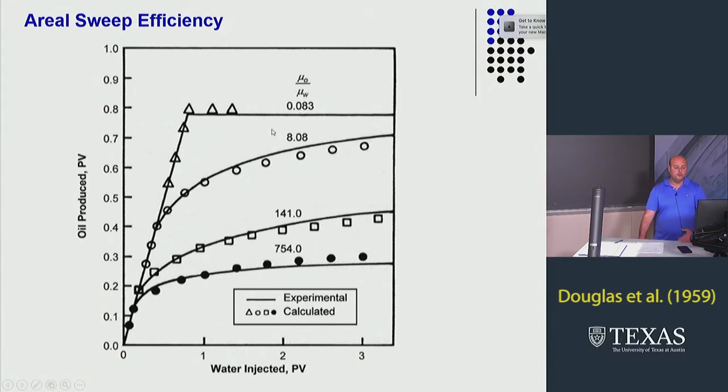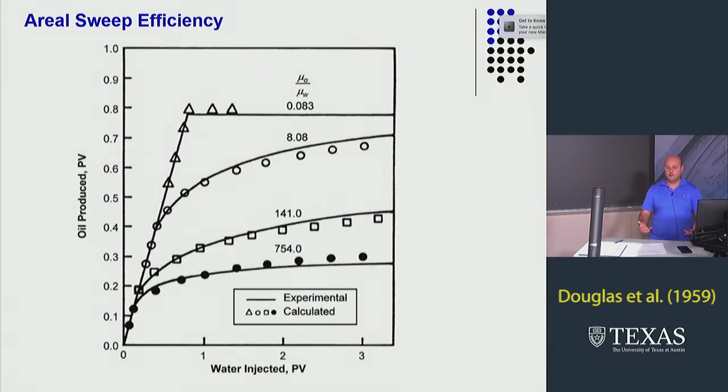Or I shouldn't say the higher ultimate recovery, the higher recovery you would get at a finite number of pore volumes. It's got greater sweep efficiency. In theory, it doesn't matter what your mobility ratio is for the ultimate recovery. If you were willing to wait for an infinite number of pore volumes or an infinite time, eventually the final amount of oil produced would be the dimensionless oil produced would be SOI minus SOR, right?